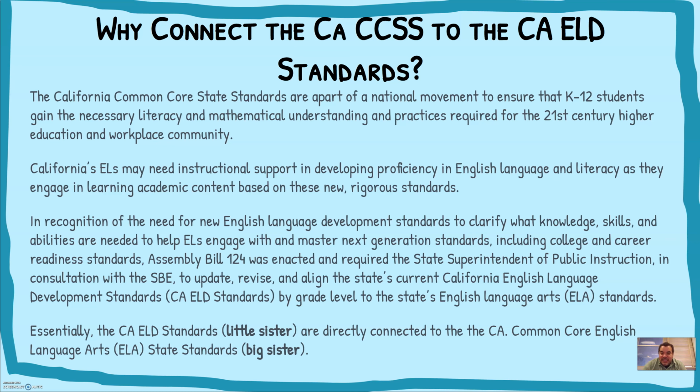So, in other words, essentially, the California ELD standards, which are the little sisters, are directly connected to the California Common Core English Language Art ELA state standards, or the big sister.